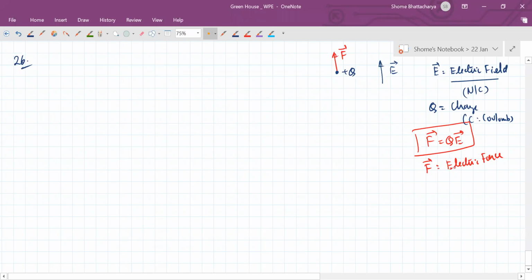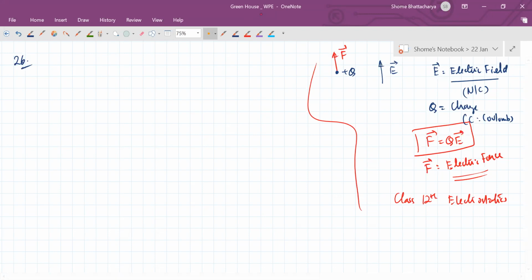So this is not part of this chapter actually. He just included a question from an additional concept which you will learn in electrostatics in 12th. So this is all part of your class 12th electrostatics chapter. So he's included that in this question number 26. So you have done question number 24 and 25 now, because the questions are related. That's why I'm asking.